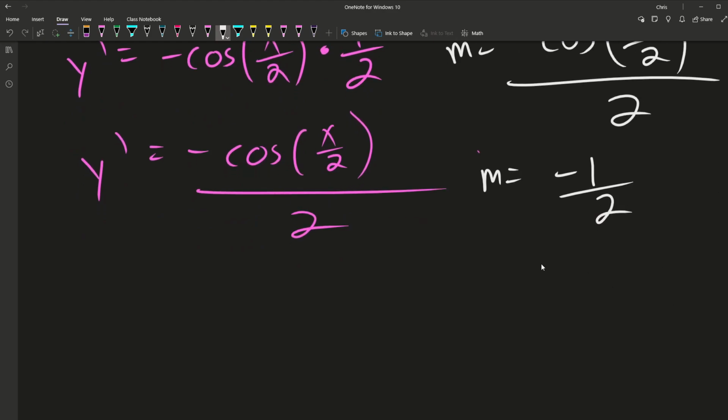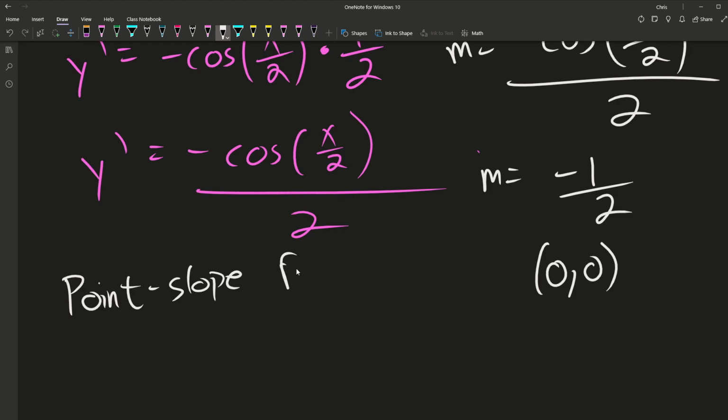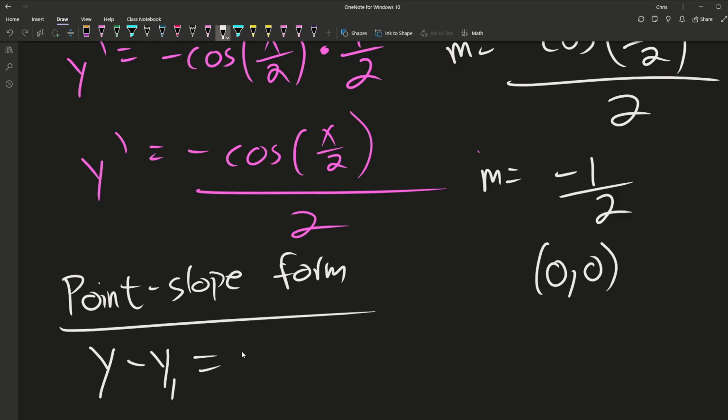And remember that this is passing through the point 0, 0. I can now use point slope form, I think is the easiest way to place this into a linear form. Point slope form is y minus y1 equals m times x minus x1.